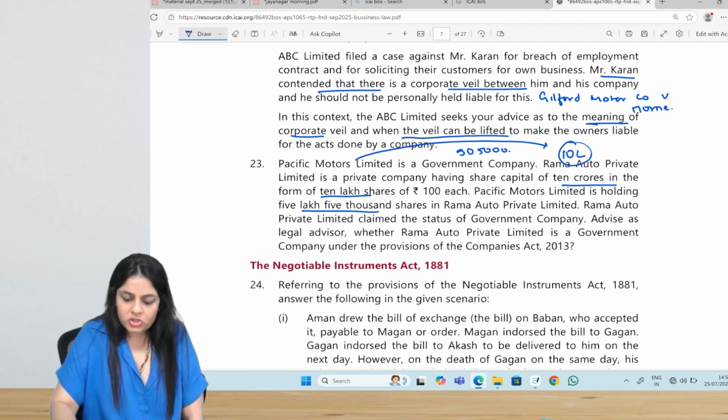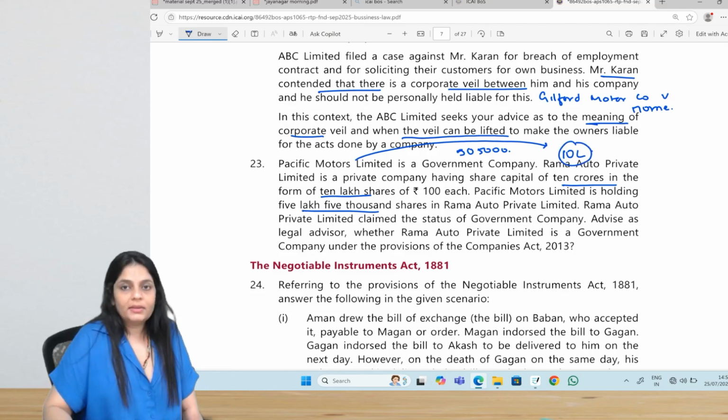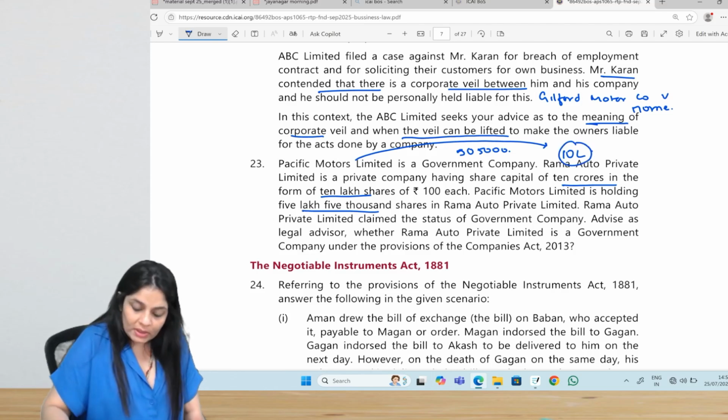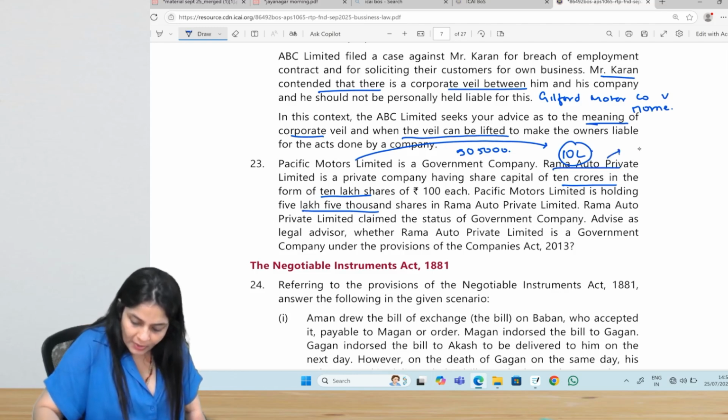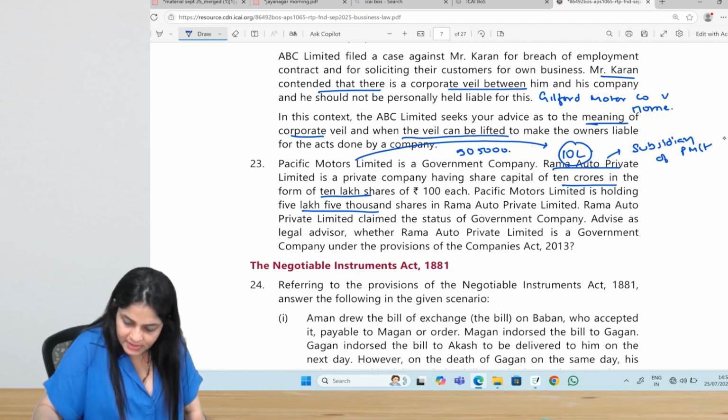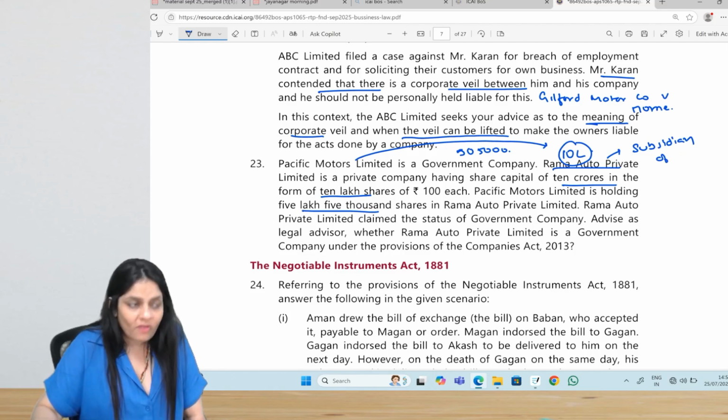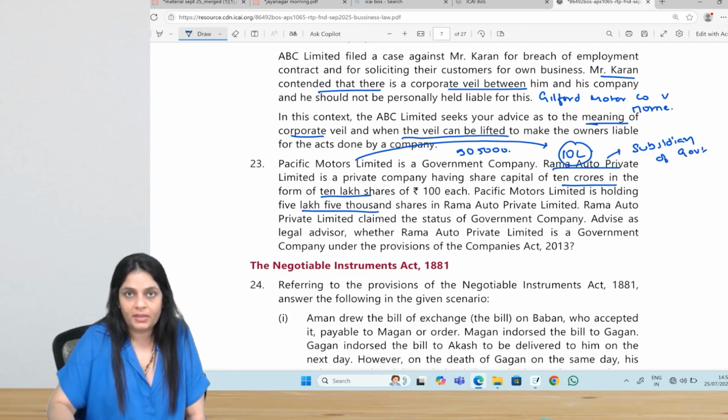That means, can I say it is more than half? That means, can I say Rama Auto Private Limited is a subsidiary of Pacific Motors Limited? Yes. It is a subsidiary of Pacific Motors Limited, which is a government company. So it's a subsidiary of a government company.